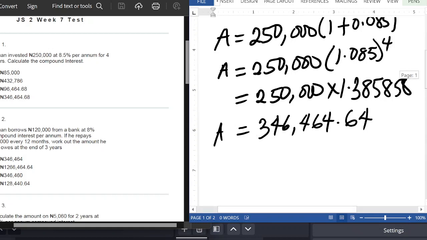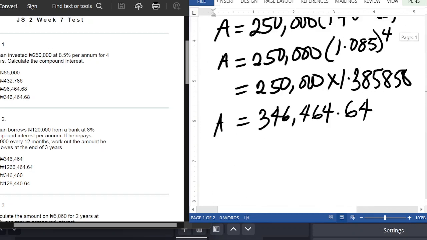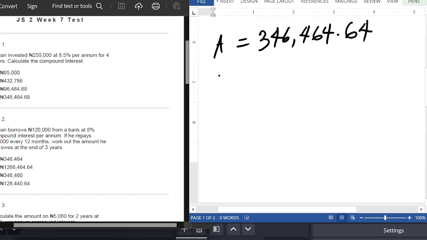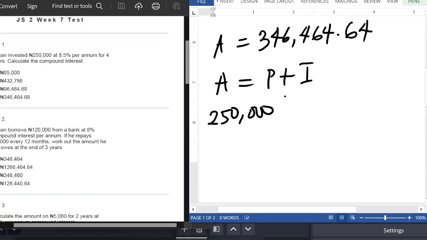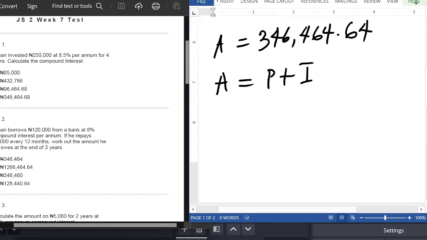I said here that the amount is the principal plus the interest. Since we know the amount and we also know the principal, from here we want to get the interest. So the interest will be the amount minus the principal.